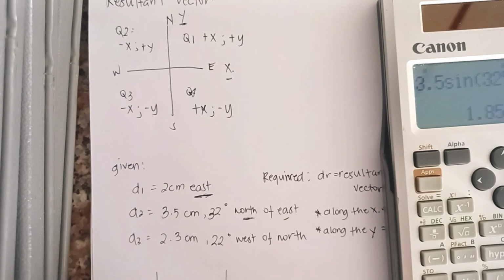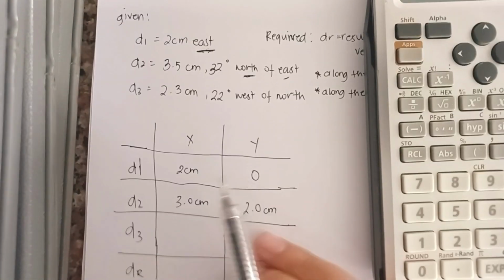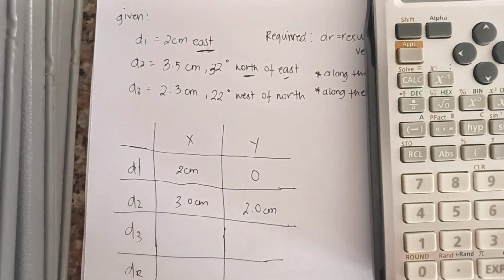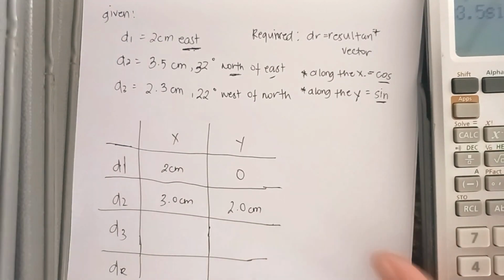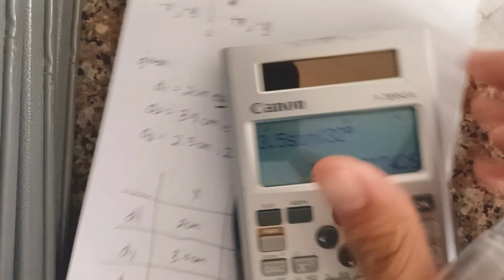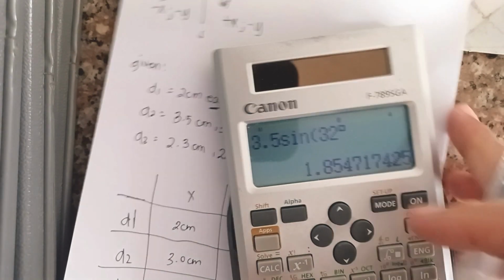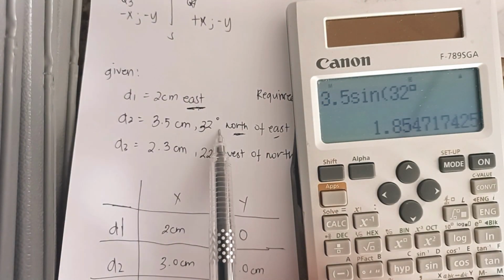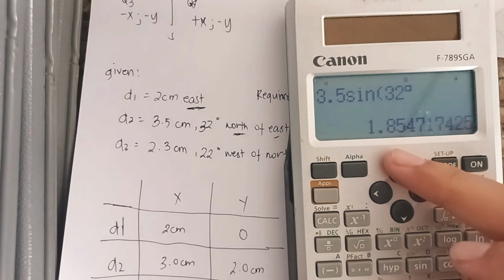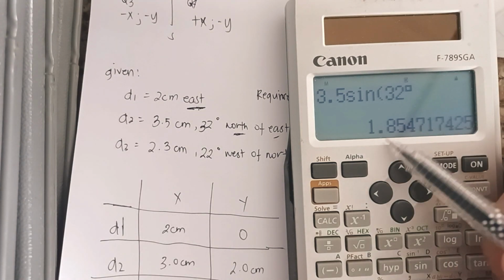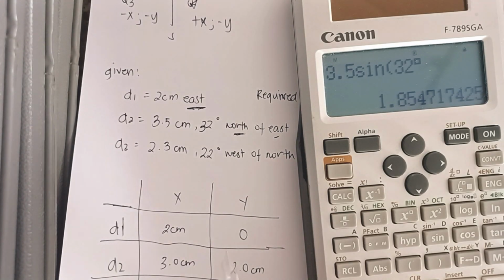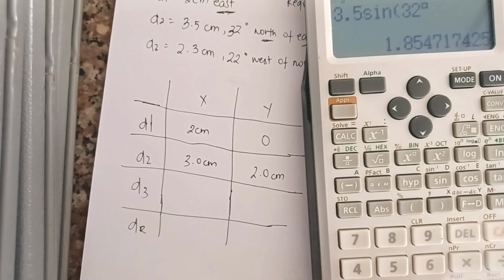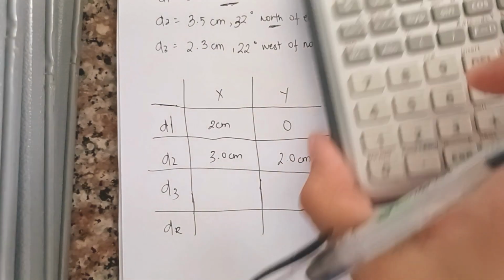Sine, since we are solving for the y-axis. Sine. And then, 32 degrees. That's given po yan. Equals 1.8. So, tayo ay mag-round off sa whole number. We have 2 centimeters right here. Okay? Next.